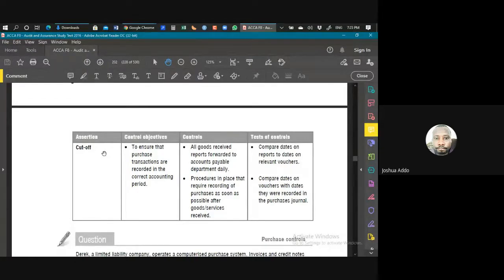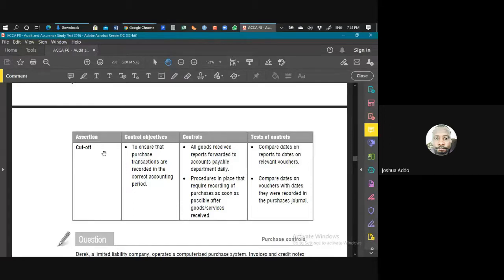There should be no mismatching. So the cutoff is related to the concept in accounting we call matching. You have to make sure that what has been recorded as purchase trade payable in a given period is actually for that period and not another period.